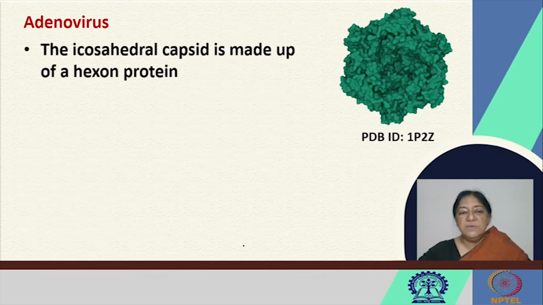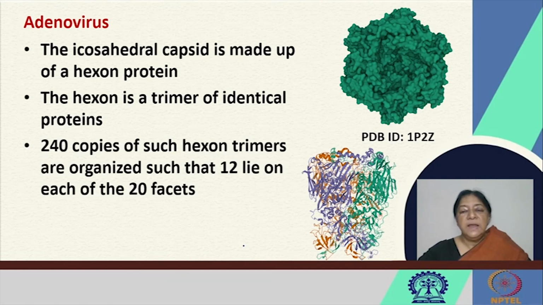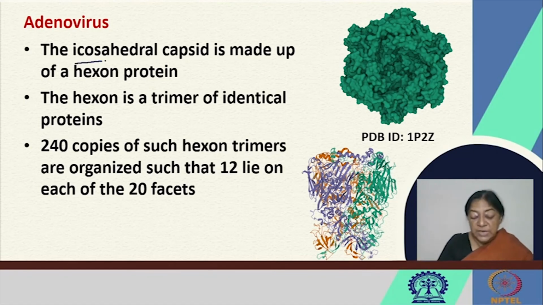The icosahedral capsid is made up of this hexon protein, which is a trimer of identical proteins. There are 240 copies of such hexon trimers that are organized such that 12 lie on each of the 20 facets of the icosahedral capsid.